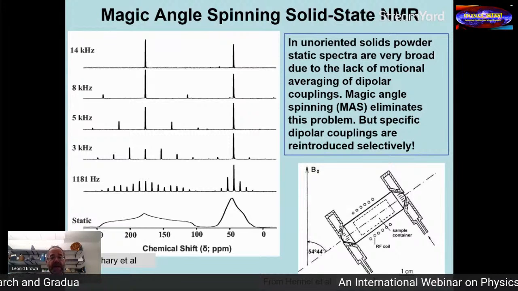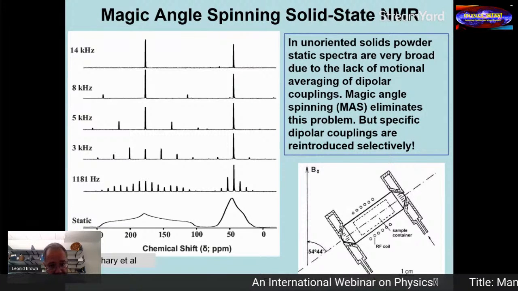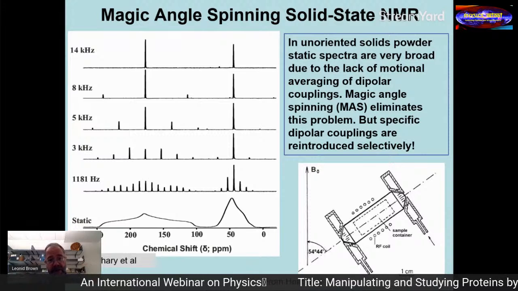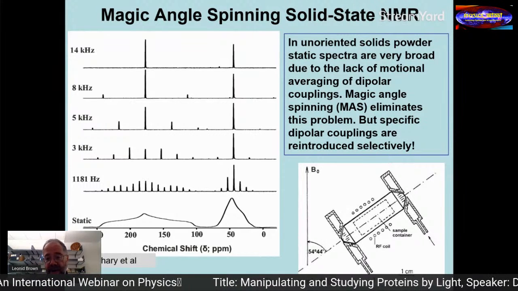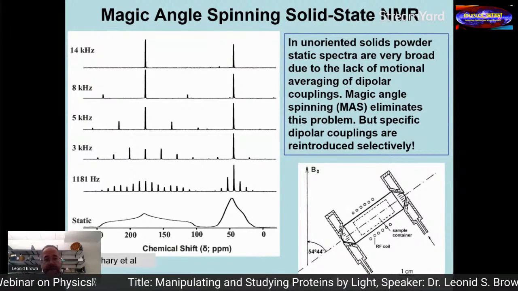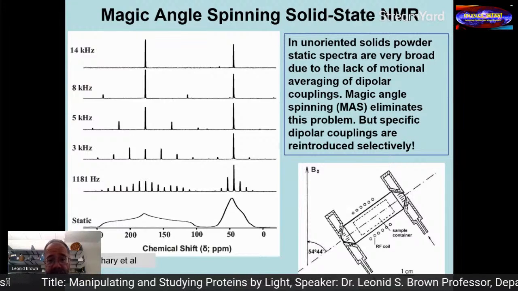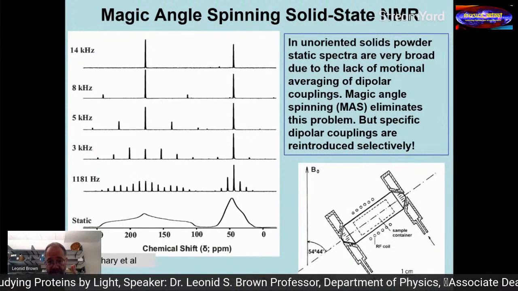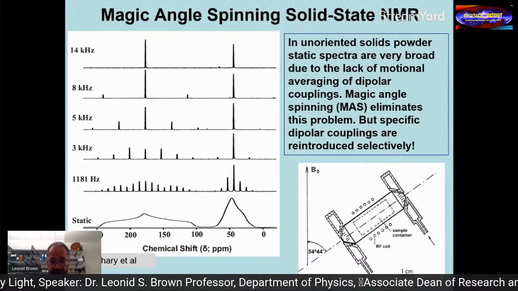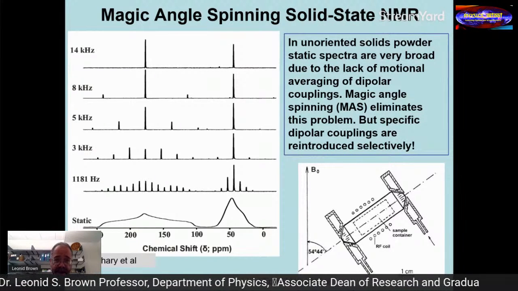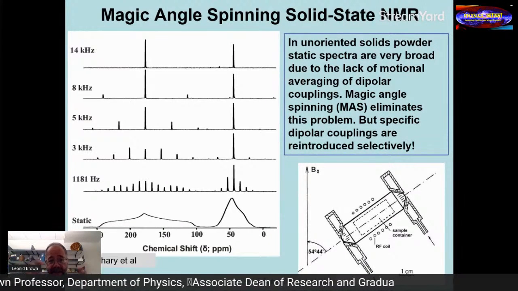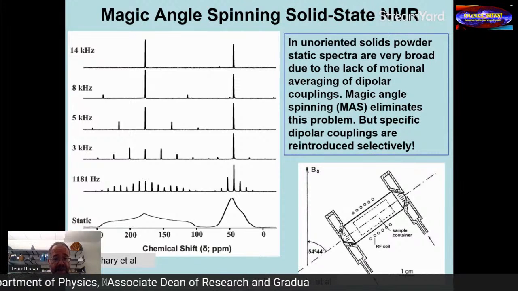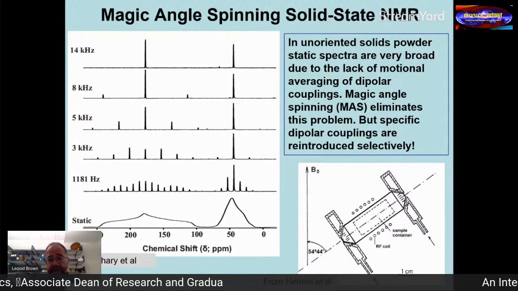You don't want to eliminate all the dipolar couplings, of course, because you use them to measure distances. So we reintroduce them selectively after averaging out most of them. This explains the two main things we use from NMR: chemical shifts and dipolar coupling. So the environment, structure, and distances between the atoms.